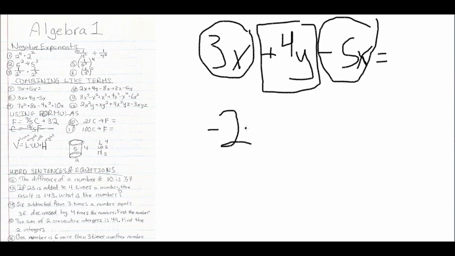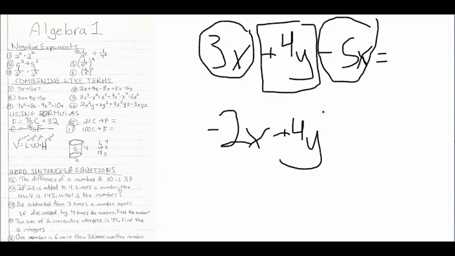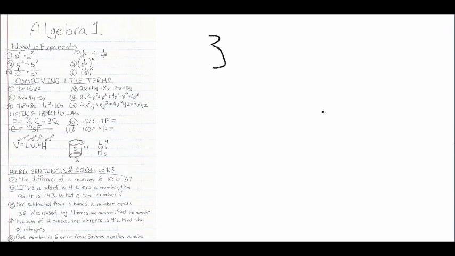Same rules, we just add the coefficients. 3 minus 5 is negative 2x. And there's nothing to add to the 4y, so we just write down the 4y. And that is the answer for this equation.